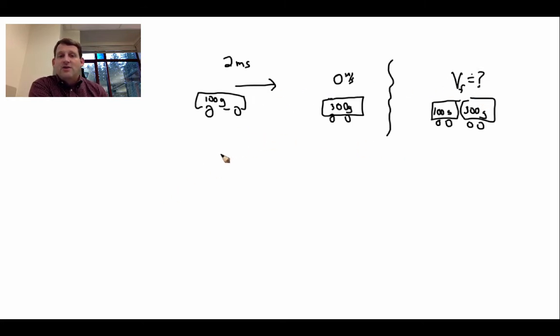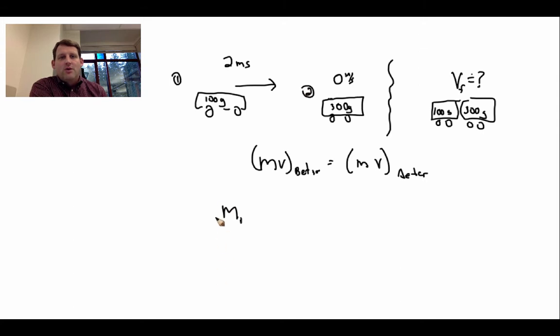Now to do this, we can use conservation of momentum. So the total momentum before, mv, is equal to the total momentum after. So before we have two objects with two momentums. So we can say here, we'll call this cart 1, cart 2. The mass of 1 times the velocity of 1 is that momentum, plus the momentum of 2, which is the mass of 2 times the velocity of 2, is going to be equal to the momentum after.